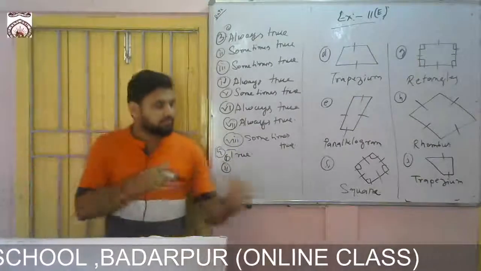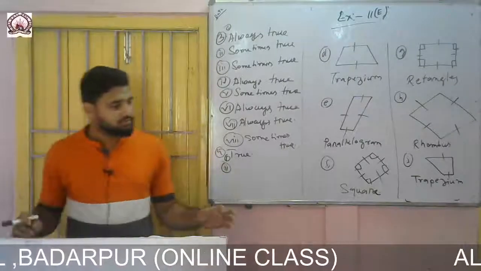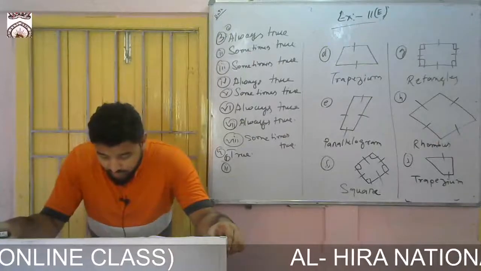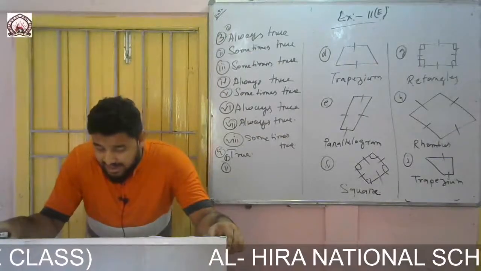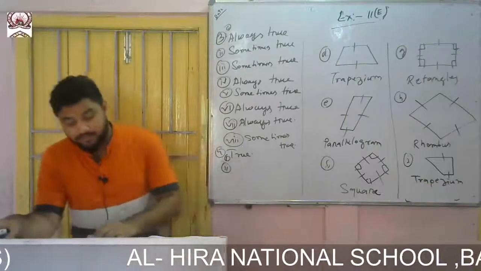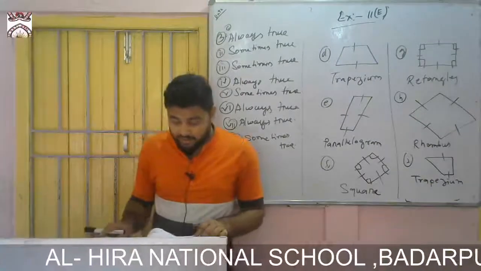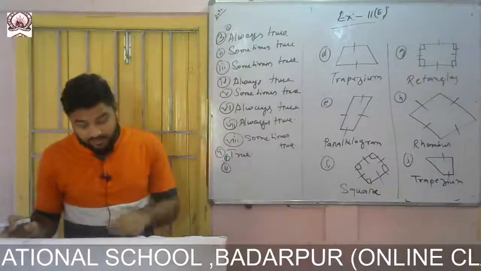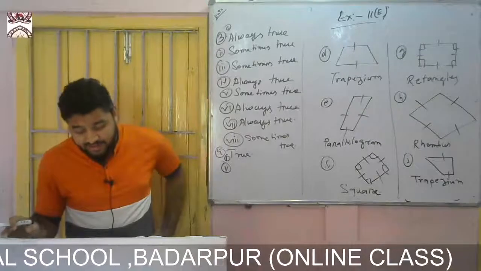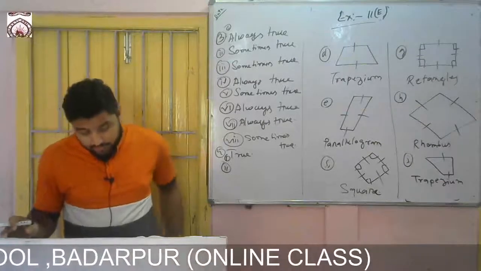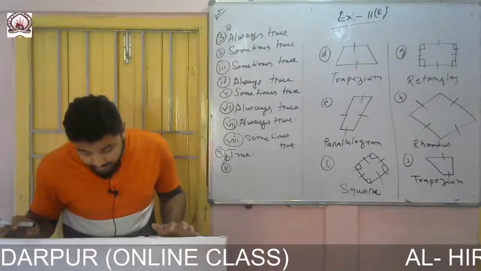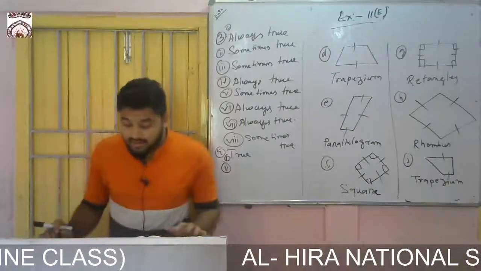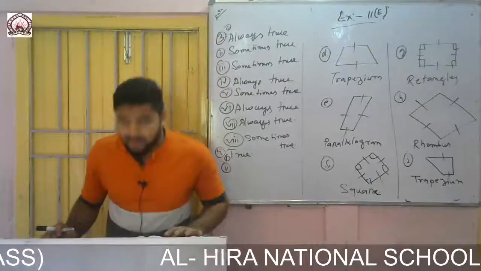Roman 2. The opposite sides of a rectangle are equal. It is false.